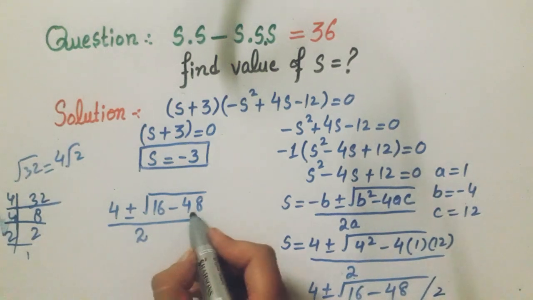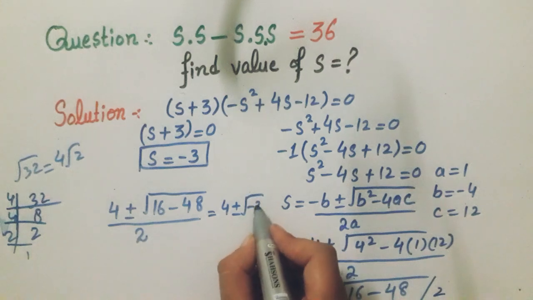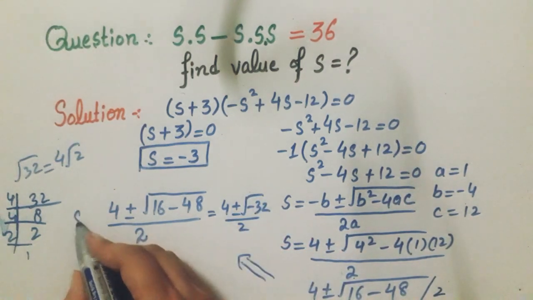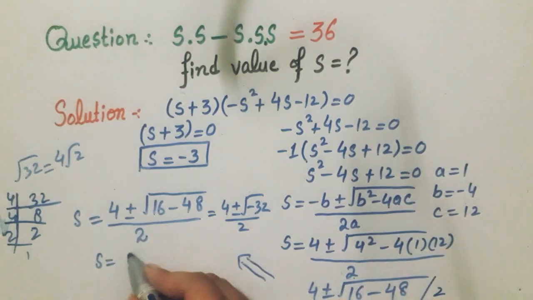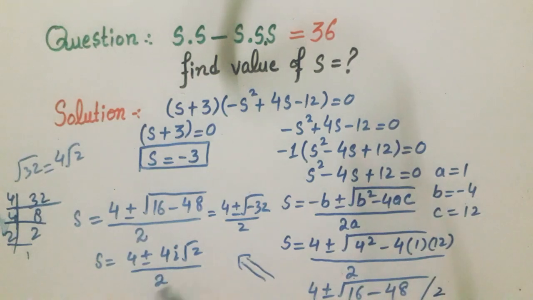So s equals 4 plus minus 4 iota square root 2, divided by 2. So 2 is cancelled out and we get 2 as common, 1 plus minus iota square root 2. This will be the answer.